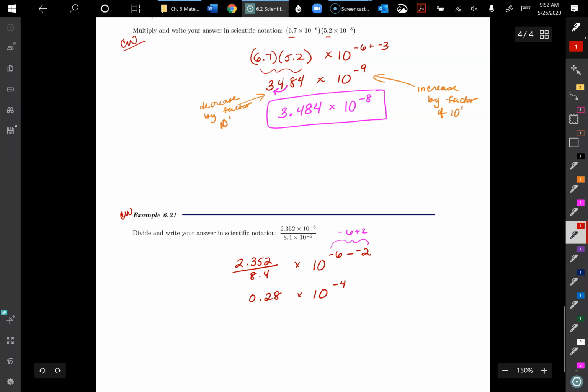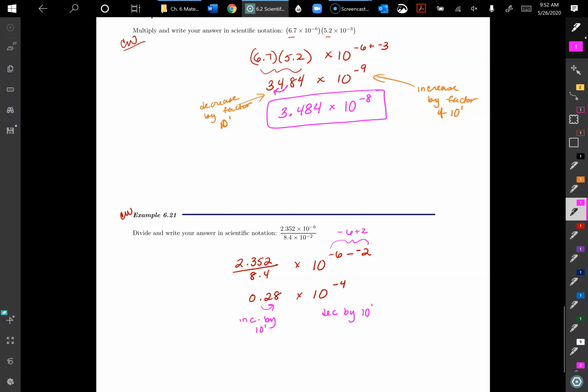So again, I don't have my answer in scientific notation, but I can get it that way. In this one, I actually have to increase by 10 to the 1. So this one I have to decrease by 10 to the 1. So I'm going to subtract 1 from there.